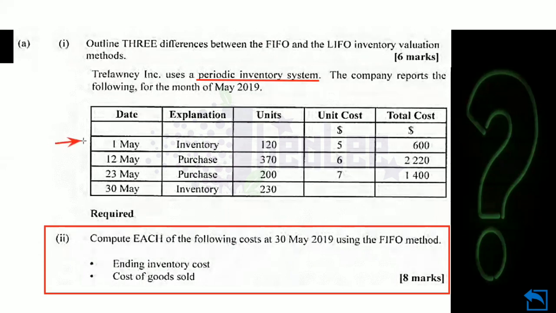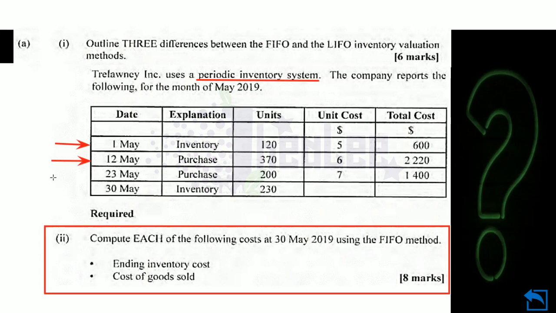Now we're seeing that May 1st, there was opening inventory of 120 units at a cost of $5 per unit. May 12th, there was a purchase of 370 units and the cost per unit is $6.